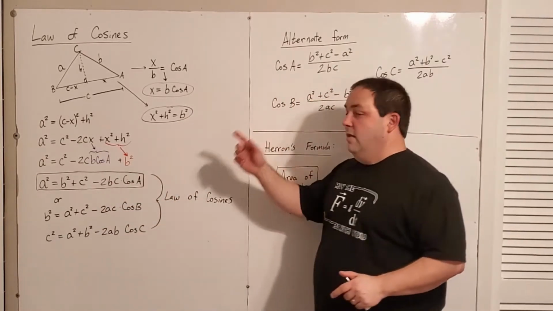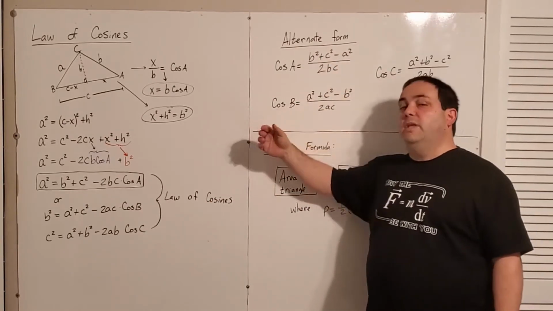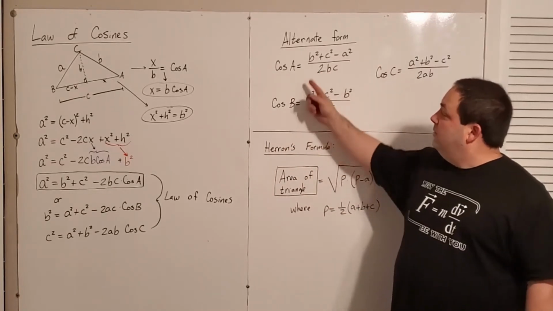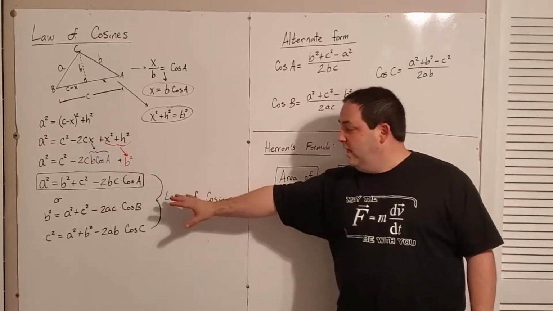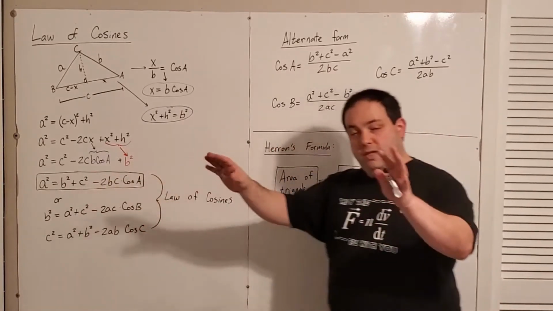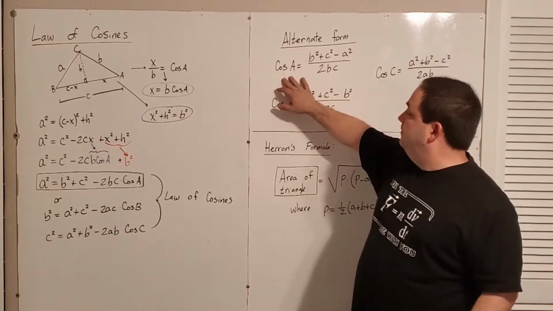However, if you solve for the cosines in each one, you can consider something of an alternate form of law of cosines in these formats here. These are the same things as what I have over here. All I've done is I've added and subtracted a few things and divided something to solve for the cosine in each formula. Okay?